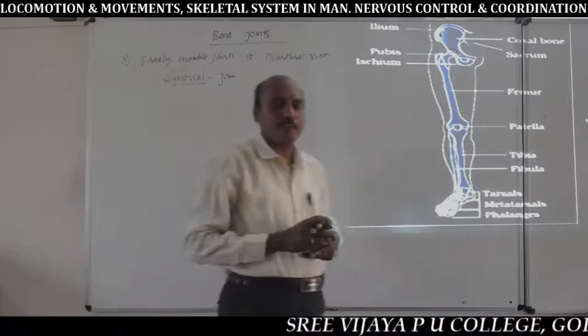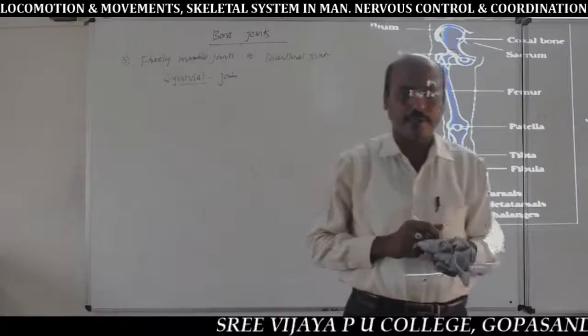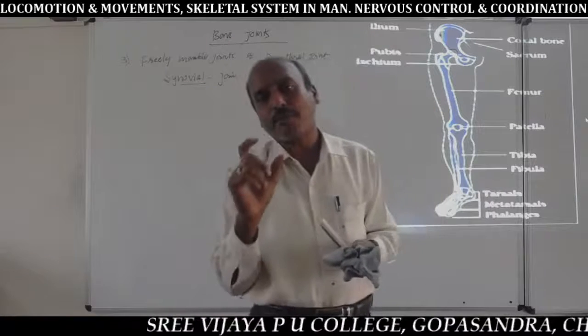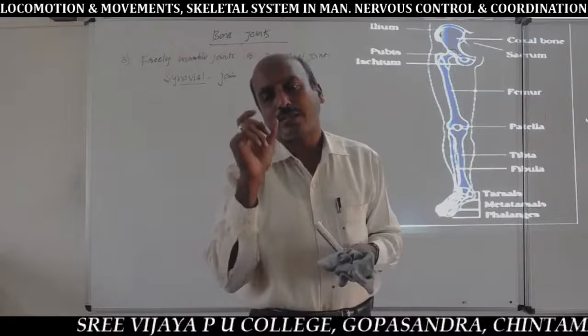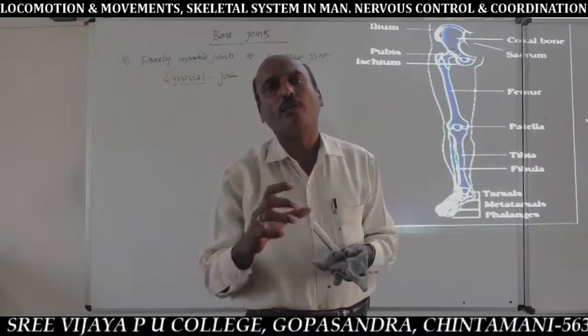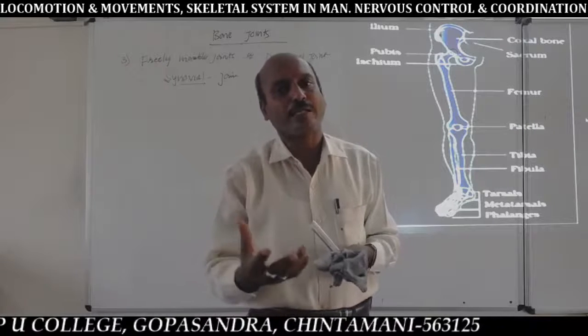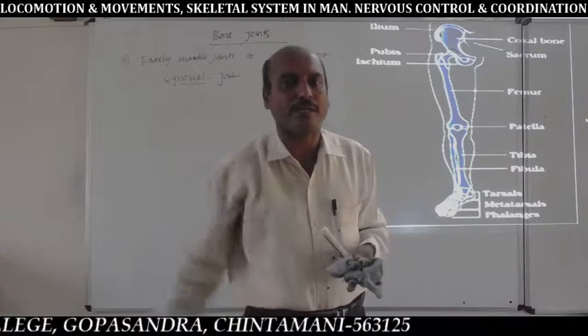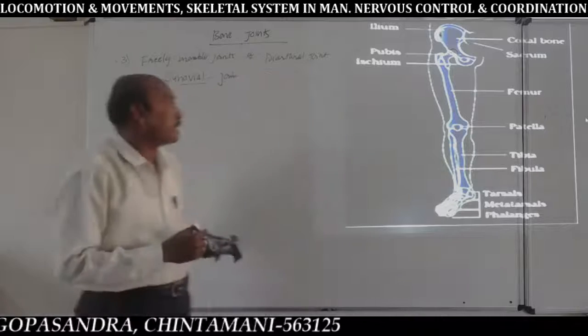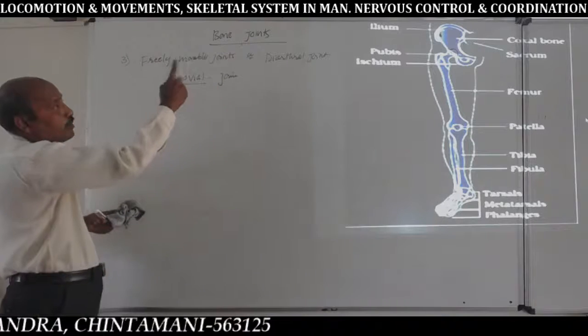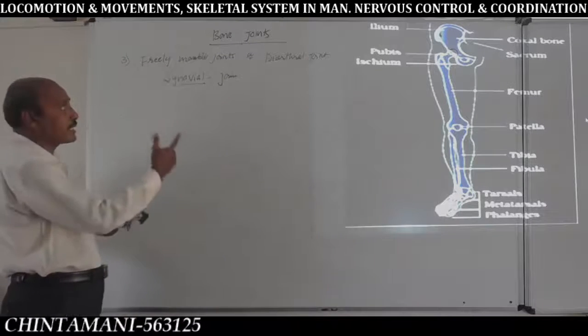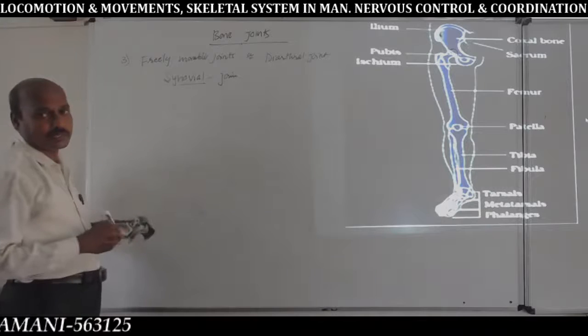See, in the freely movable joints, the joint between two bones is freely movable, either in one plane, two planes or in multiple planes. That's why they are commonly called freely movable joints, diarthral joints or synovial joints.